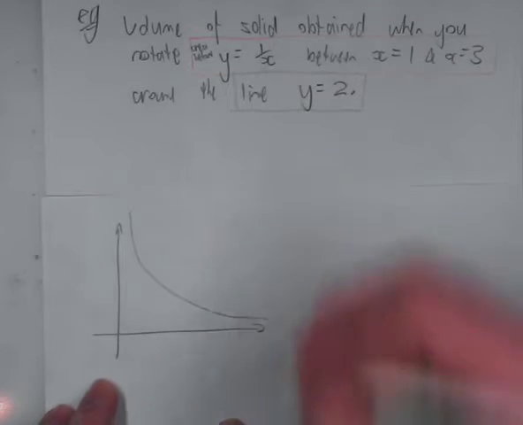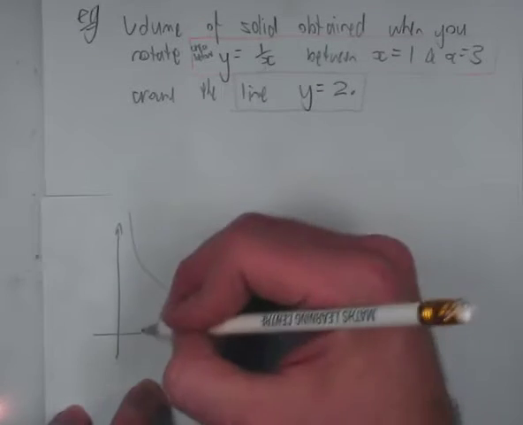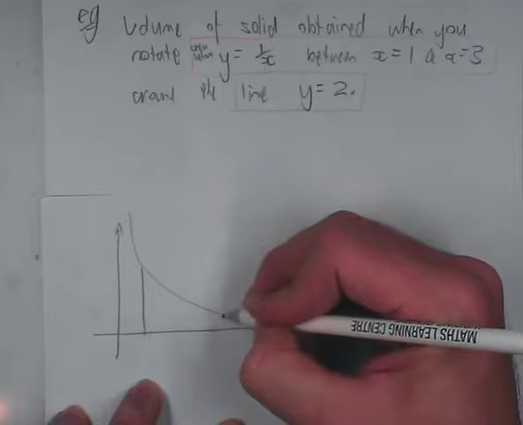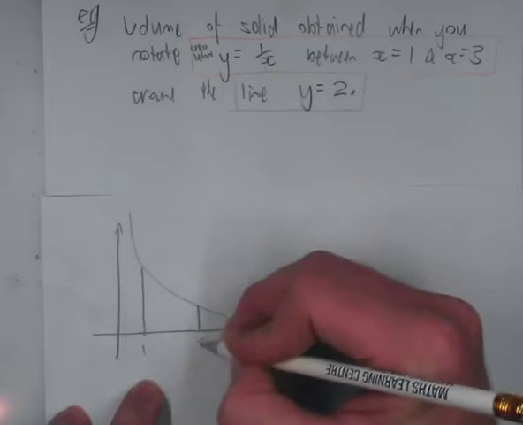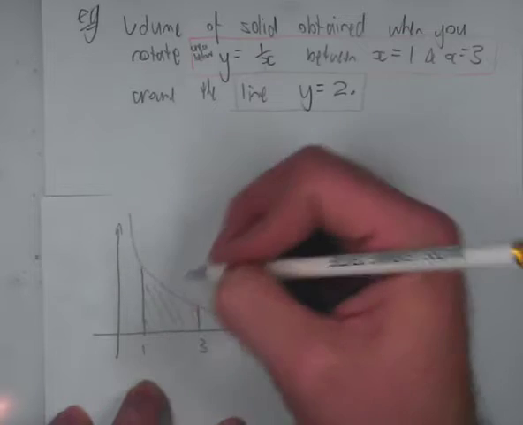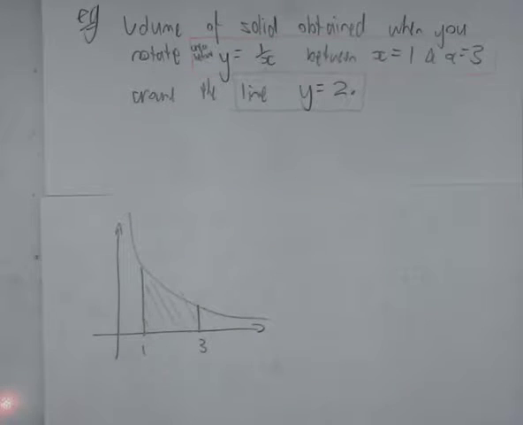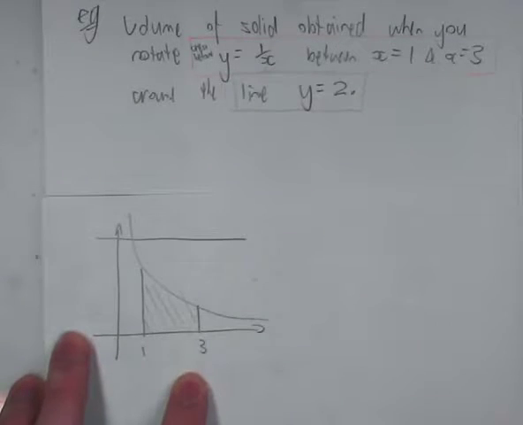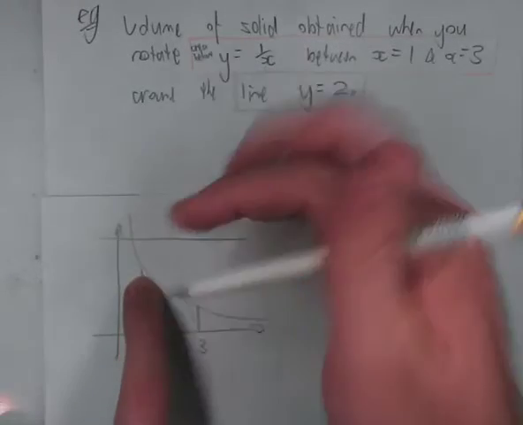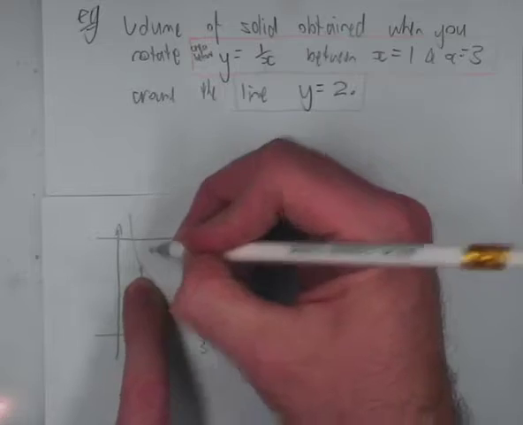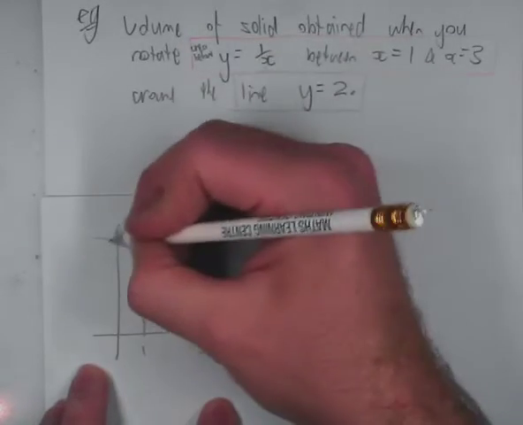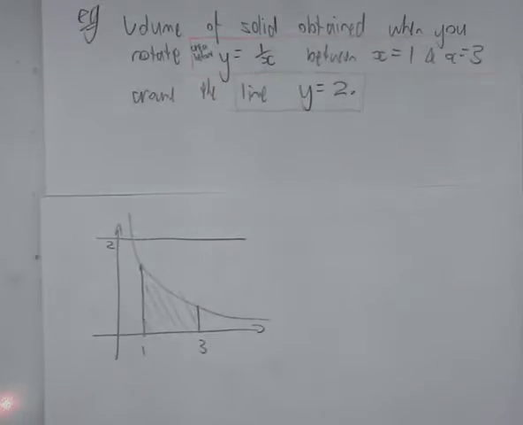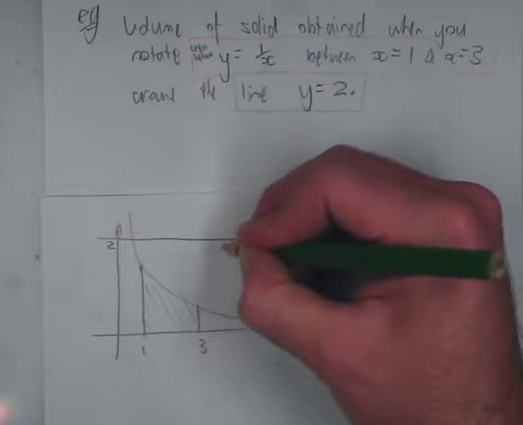So 1 over x is sort of that shape, and we've got 1 and 3. So this shape here, but we're not rotating around the x-axis this time, we're rotating around the line y equals 2, which is sort of up here somewhere. Because that's 1 there, right? That's 1 over 1. Okay, so what we're rotating around is this line.